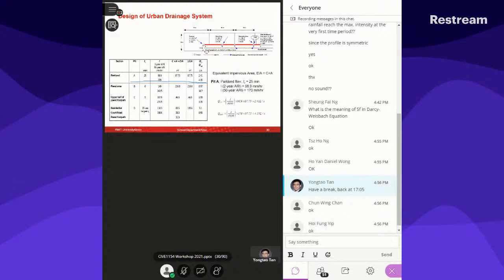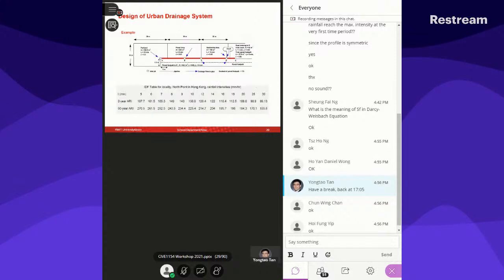Now be careful for pit D. There are 3 subcatchments contributing to pit D: the residential area, the paved footpath, and the court. Each subcatchment has a different time of concentration. In this case, we use the longest time of concentration.